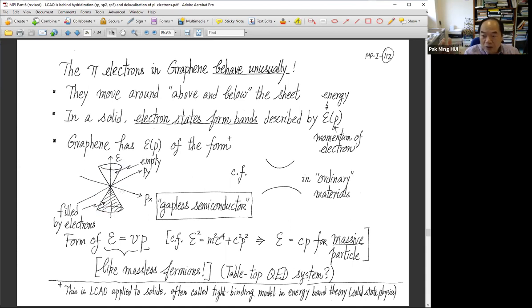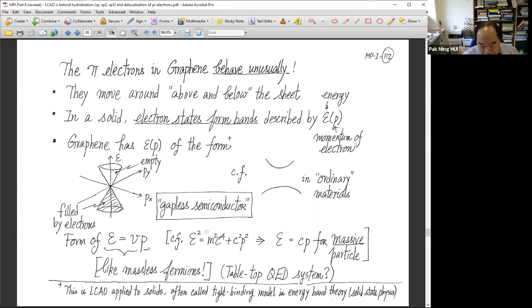We can use solid state physics to understand this behavior. But the peculiar thing about graphene electrons' behavior is that it has this linear line behavior. So in a way, they are like, in a fancy term, massless fermions, for the following reason.